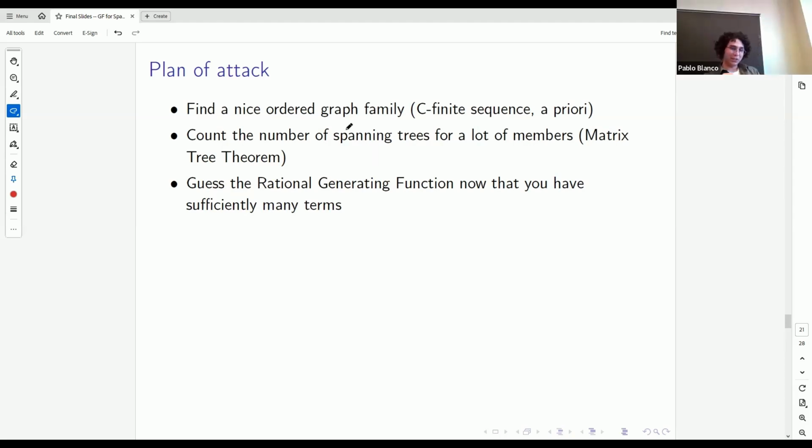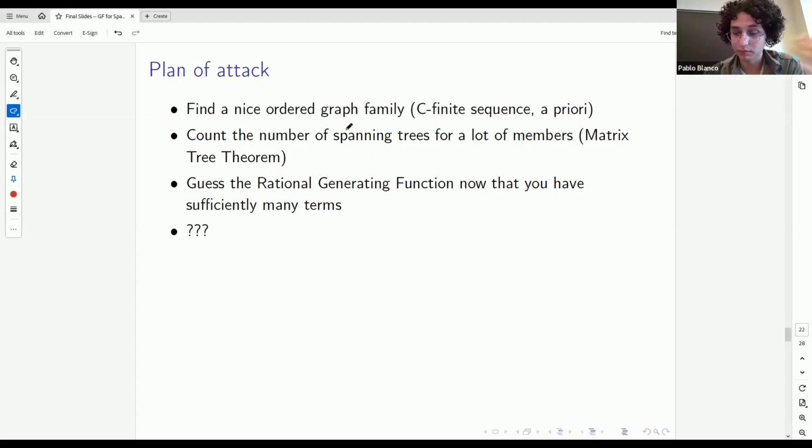So you use Maple to make your graphs, and then you compute the Laplacian matrices of those graphs. And you can count the spanning trees, the sequence of the number of spanning trees for each graph. And now you have a bunch of data points that you can use to guess your rational generating function.